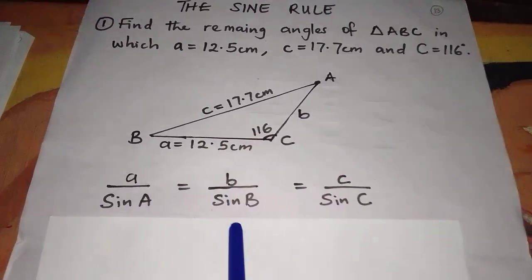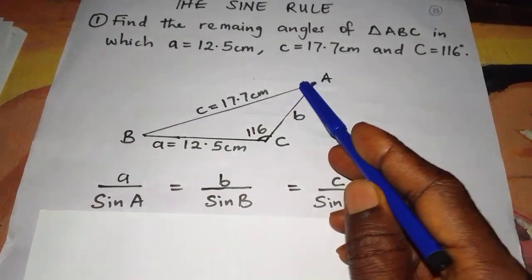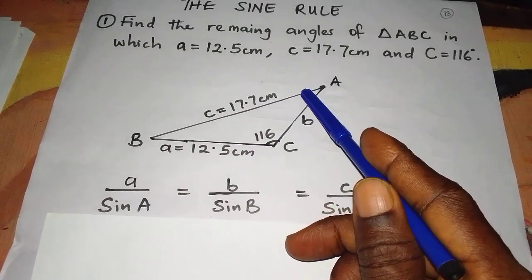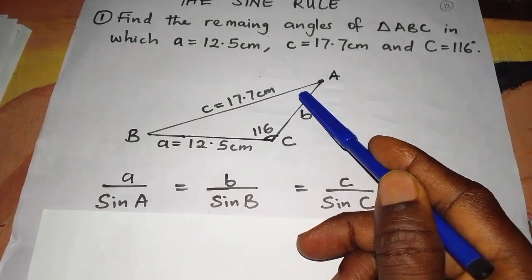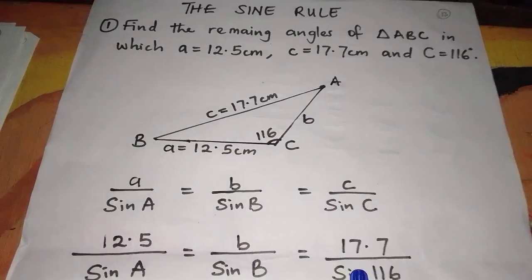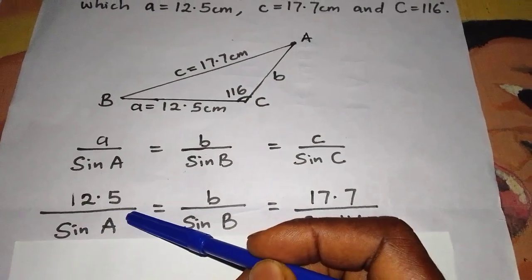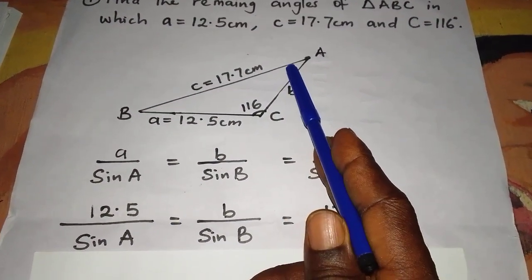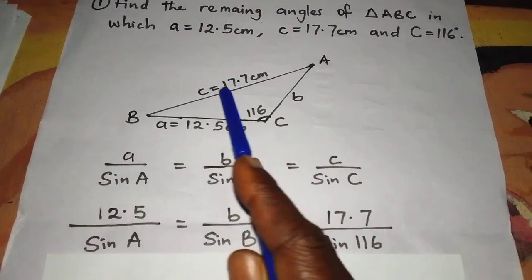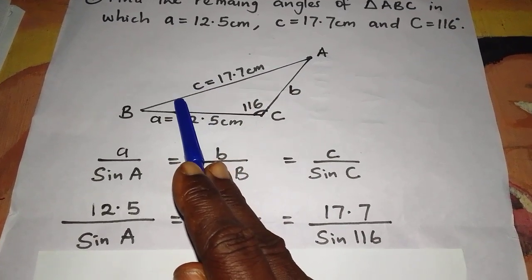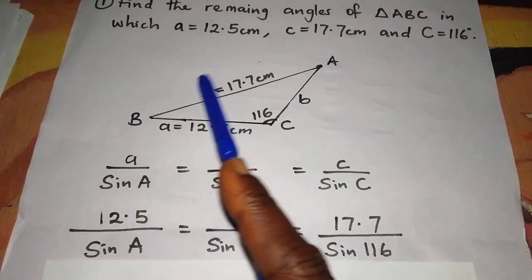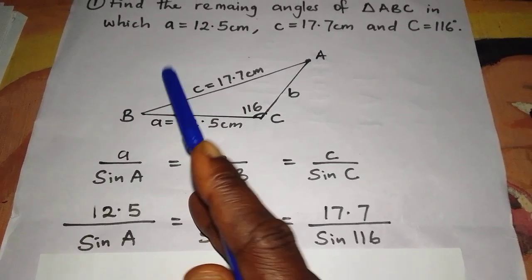Now, let's substitute the values. The side a is the side facing angle A, which is 12.5. So we have 12.5 over sine A, which we are not given, equals b, the side facing angle B, which we are not given, neither were we given the angle.